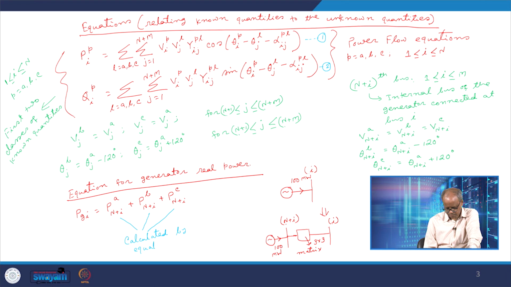Right. So now let us see one thing. Basically by using this equation, let us try to write down the equation of PGI, or rather let us now try to derive the equation for PGI.